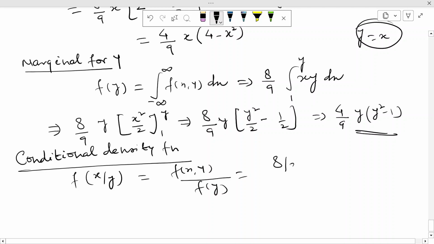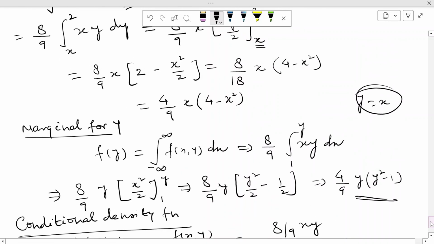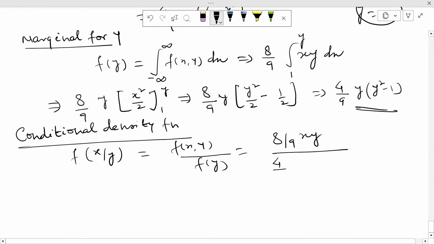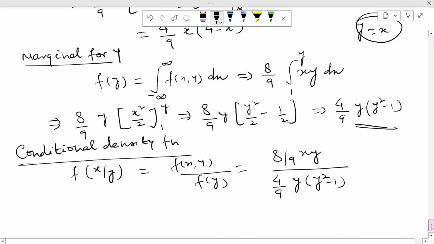Our fxy is 8 by 9 xy, and this fy, you can see, is 4 by 9 y square minus 1. So this is our fy. On simplification, you will get 2x over y square minus 1. So this is our conditional density function for x given y.